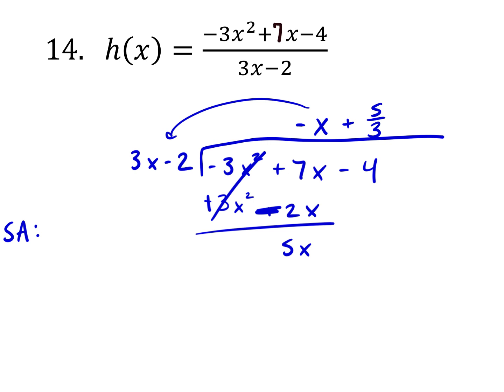Do I even need to keep going? Why not? What do we do with the remainder? Just throw it out. So it doesn't even matter. So you can multiply 5/3 times everything out front and keep going and find your remainder, but the remainder does not matter. You drop the remainder. How would I write my slant asymptote?